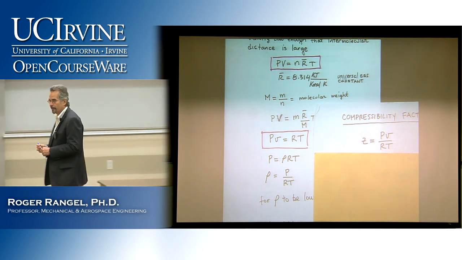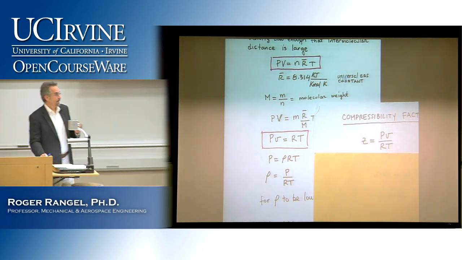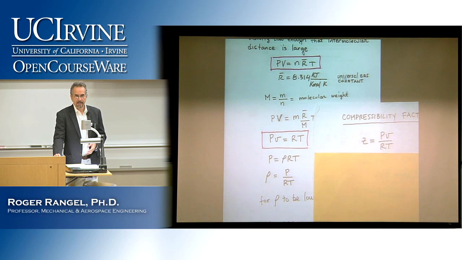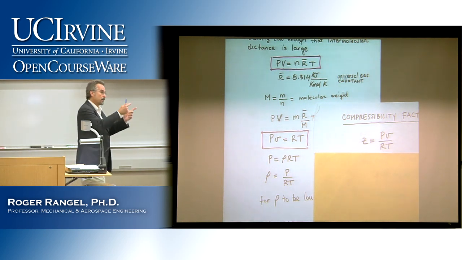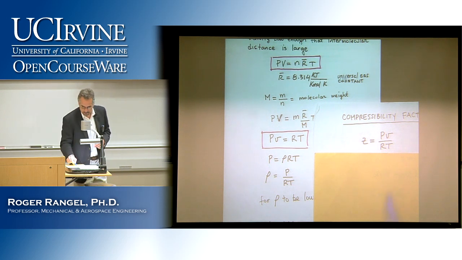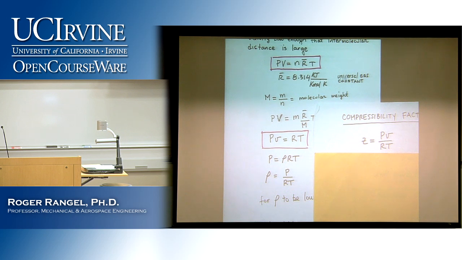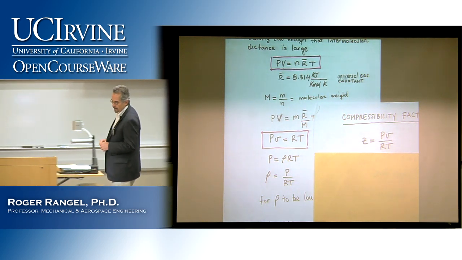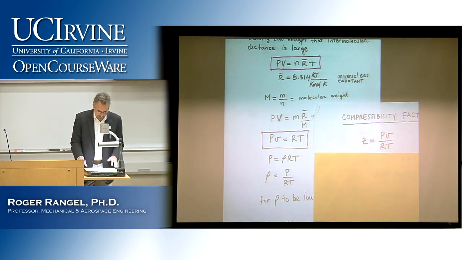So that's important. So what you can see is, of course, this Z is sort of a measure of the deviation from the ideal gas behavior. And as you would expect, if the pressure goes up, Z will go up. Or if the temperature goes down, because it's the opposite criteria for temperature than for pressure, then Z goes up too, right? So that's what the compressibility factor is.